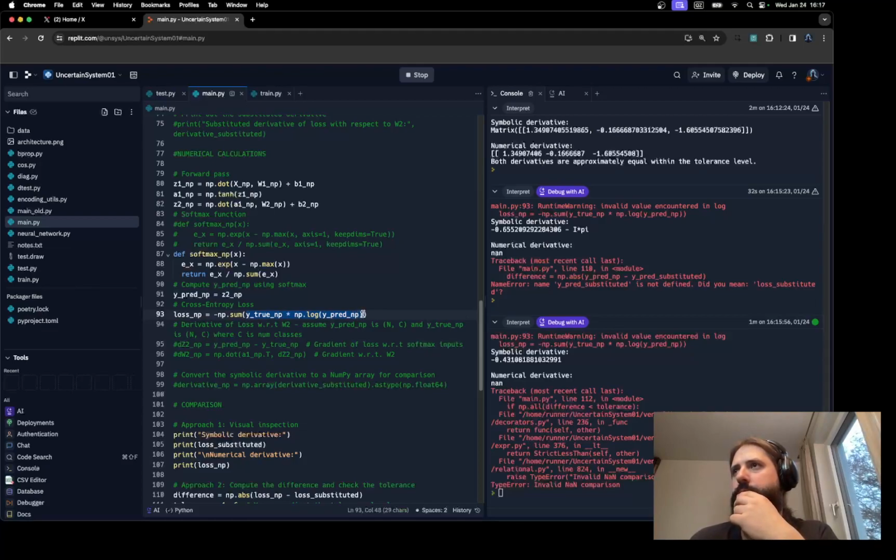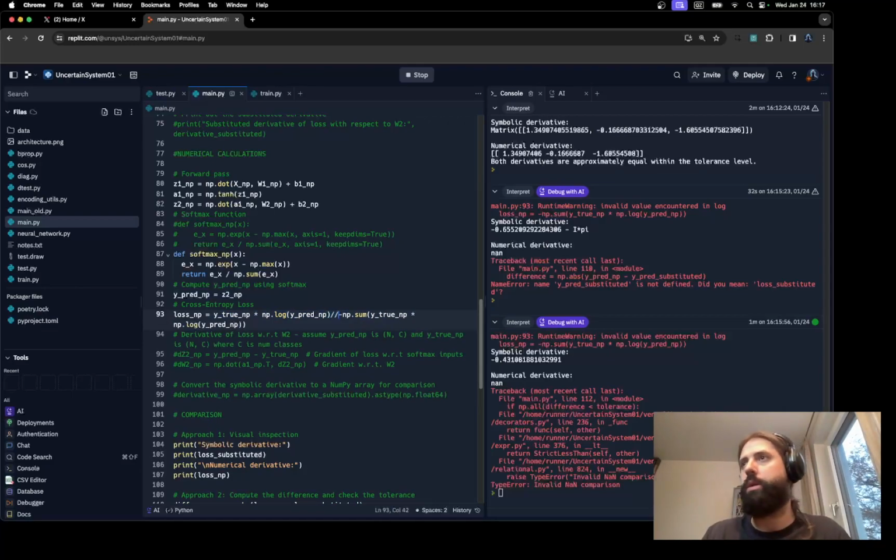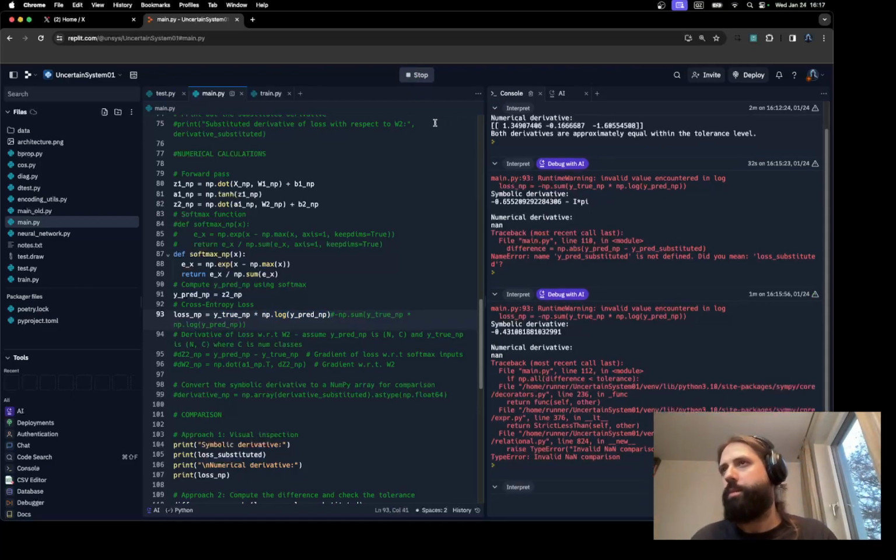What if I just do this? I know it's not, but why is that? Why is the negative sum of that not a number?